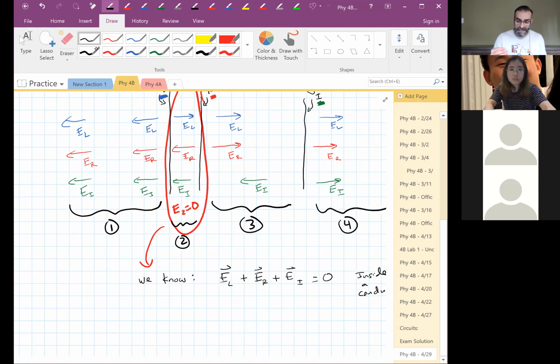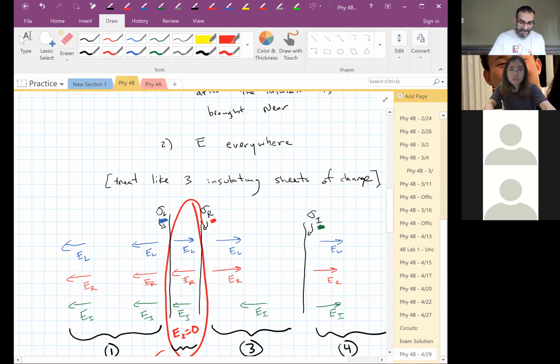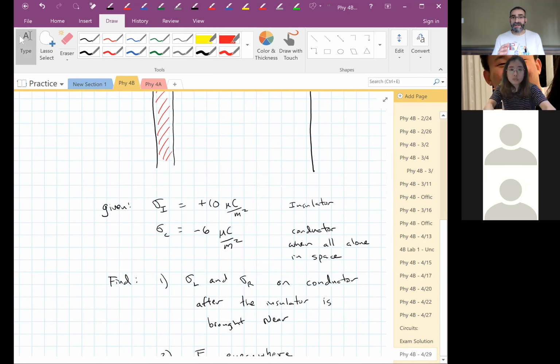So if it started out with -6 microcoulombs per square meter on one face and -6 on the other face, that's what it started with when it was all alone in space. And then we brought another charged sheet near it. The charge can move around, right? Some of it can go over here, some of it can go over there. It can move from one face to the other, but it can't disappear, right? It can't magically get more charge if nothing touches it.